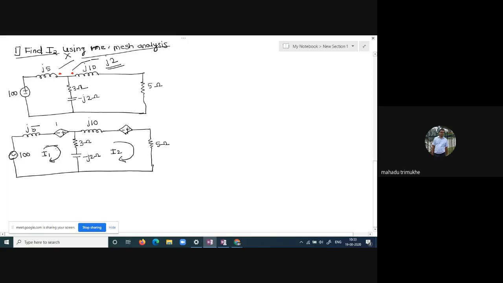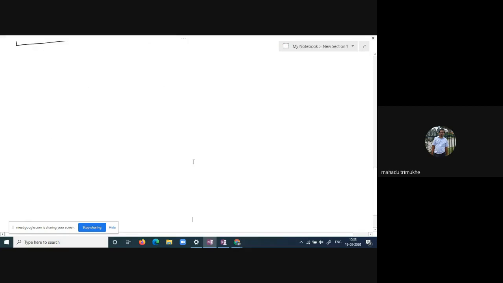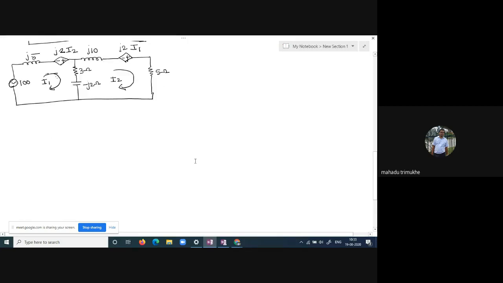So now the mutual inductance is J2, and for loop 1 it is for current I2, and here J2 for I1. Is this understood? Shall I move next? Yes, sir.